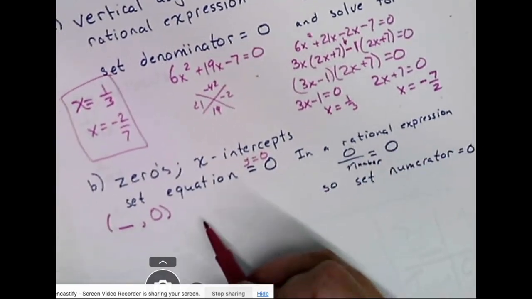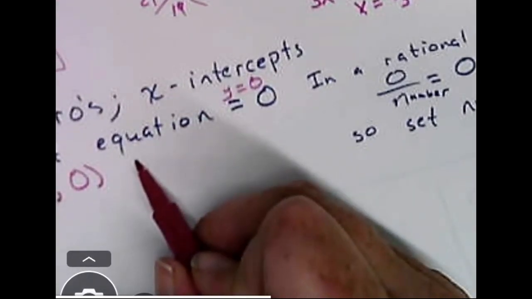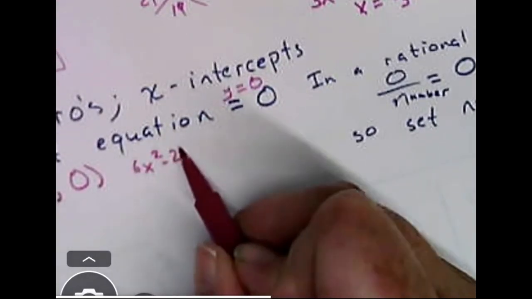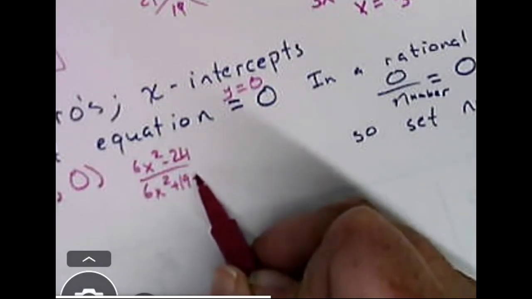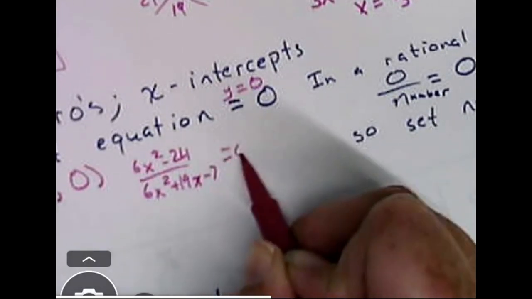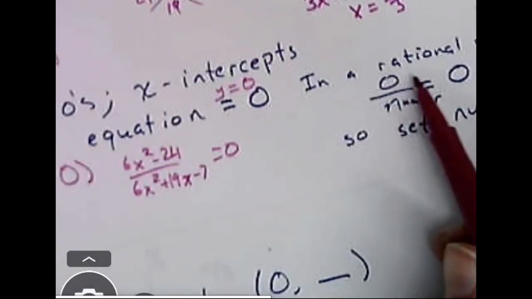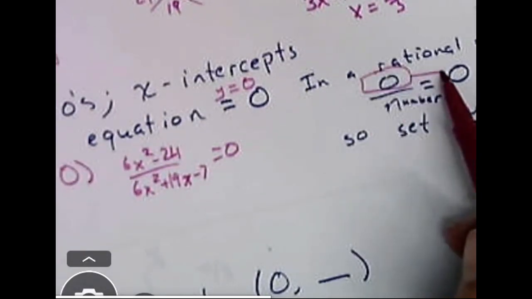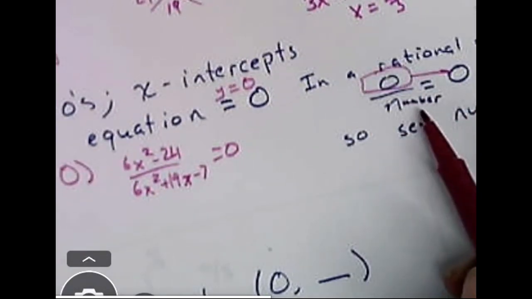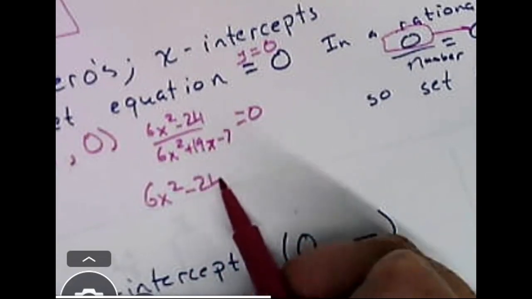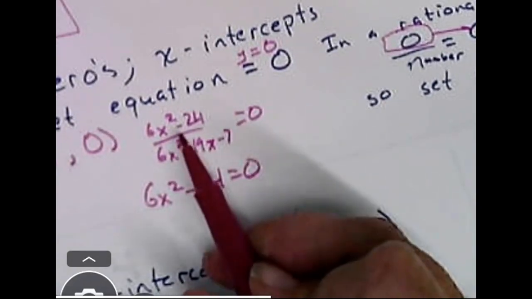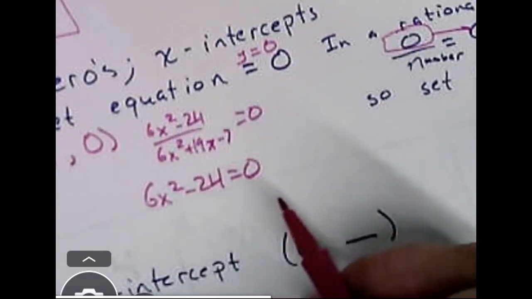And so what we would do here is say 6x squared minus 24 over 6x squared plus 19x minus 7 equals 0. In a fraction, if the numerator is equal to 0 and the denominator is some sort of number, that's what makes it equal 0. So basically, we're going to set the numerator equal to 0. Right? Because if the numerator is 0, then this fraction is 0.